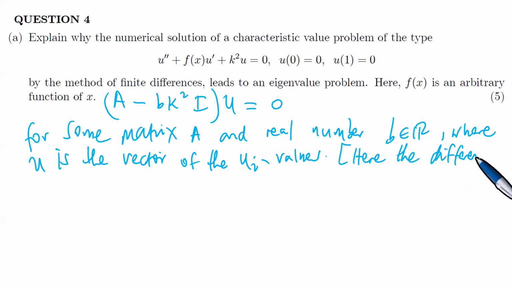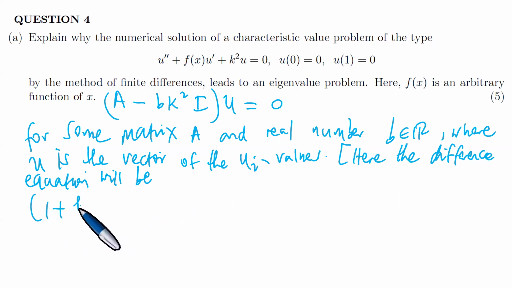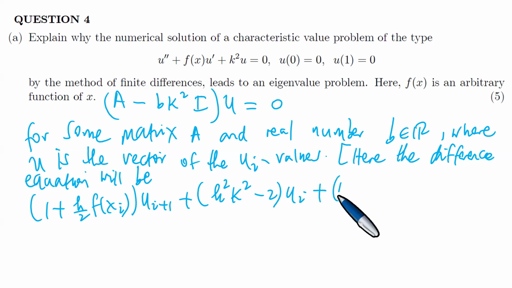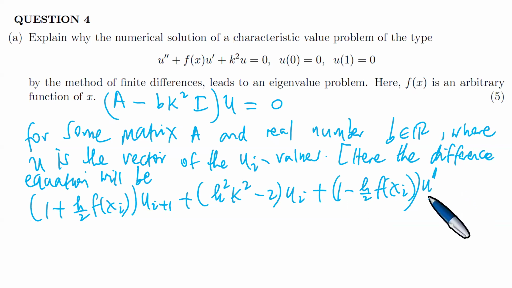So here, the difference equation will be (1 plus h over 2 f of x_i) u_{i+1} plus (h squared k squared minus 2) u_i plus (1 minus h over 2 f of x_i) u_{i-1} equals 0.